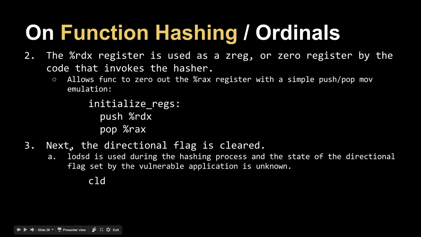Next, you want to also clear the directional flag. This is because LODSB is used during the hashing process, and the state of the directional flag is going to be unknown up to this point. It may be anything arbitrarily set by the vulnerable application in the current state. So CLD is a command for that.